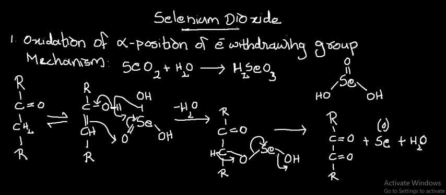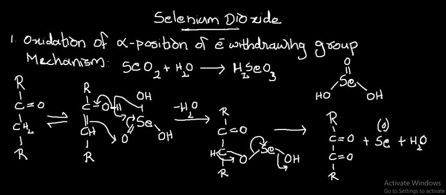Then what will be the product? RC=O single bond CHR connected to oxygen, connected by a single bond to selenium OH, and here one molecule of water gets eliminated, and this intermediate eliminates one molecule of water and selenium gets precipitated as a black precipitate.